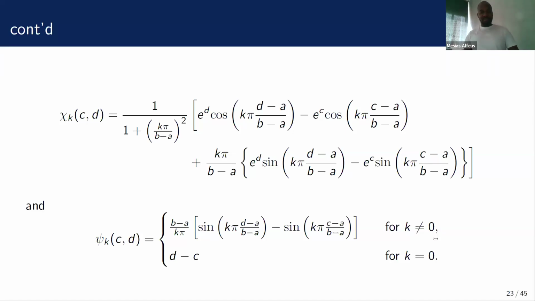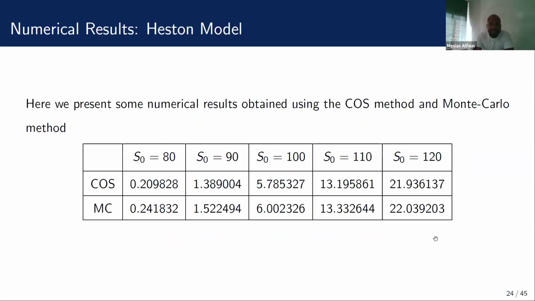So now we have the VKs, right? Because we have this part, we just substitute there, and then we can calculate the value of the option for S0. So these are some numerical results.